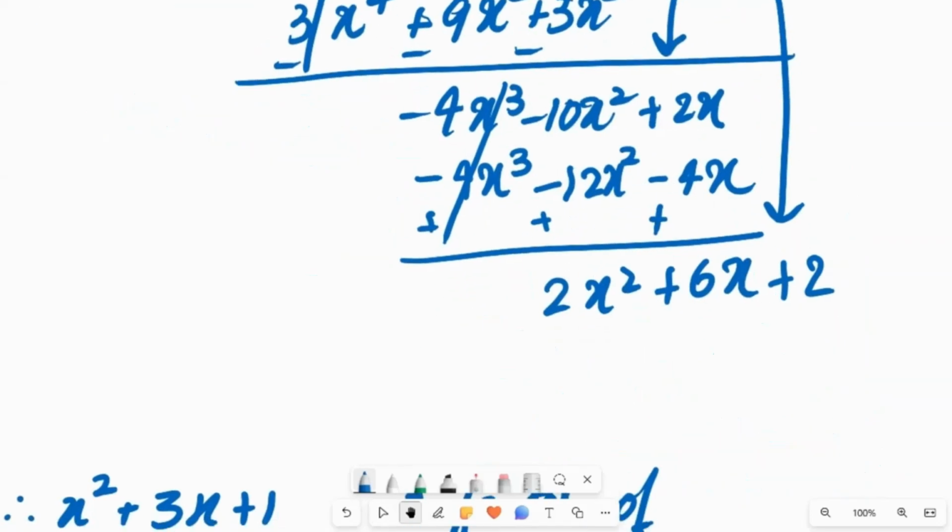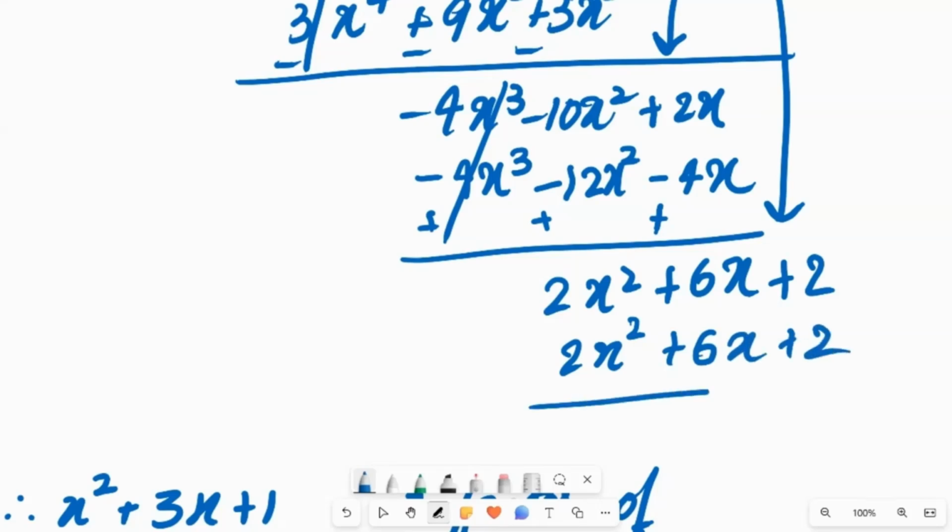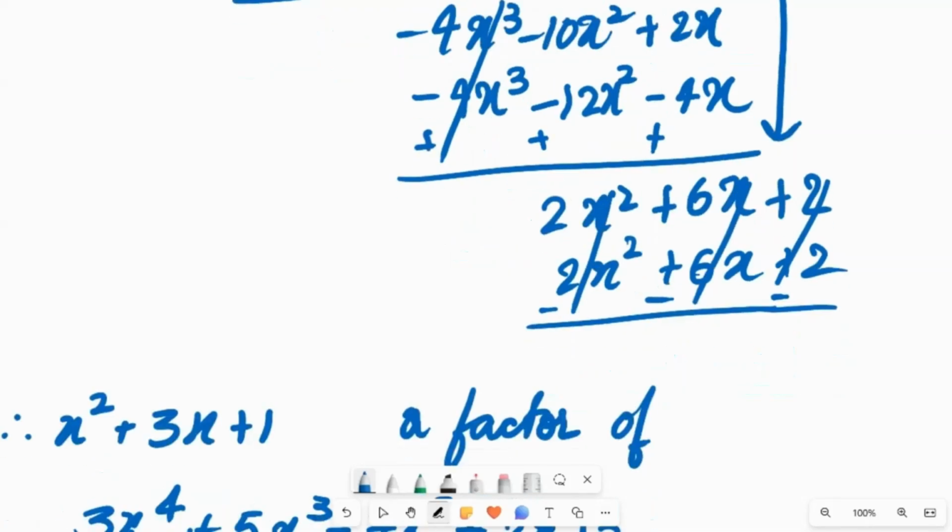So we multiply plus 2 here. 2 into x square is 2x square, and 3x into 2 is plus 6x, and 1 into 2 is 2. Now we change the signs, minus minus minus and 0 0 0.